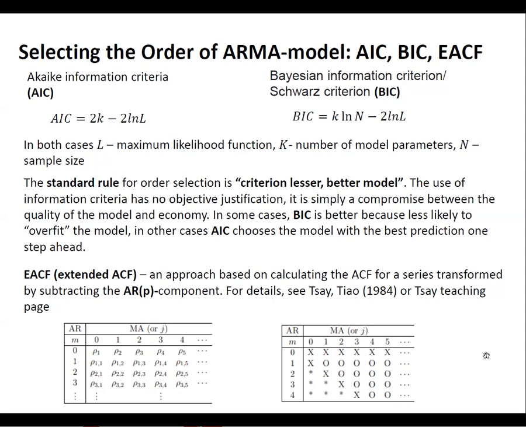Accordingly, the logic of applying this EACF is such that all zeros are valid models, but we select the ARMA model by minimizing the number of parameters. So first of all, we should try ARMA 1,1. Start the process of checking residuals for autocorrelation on it. If there is no autocorrelation in the residuals, then we see that the ARMA 1,1 model is ideal in terms of economy and in terms of the absence of autocorrelation in the residuals.